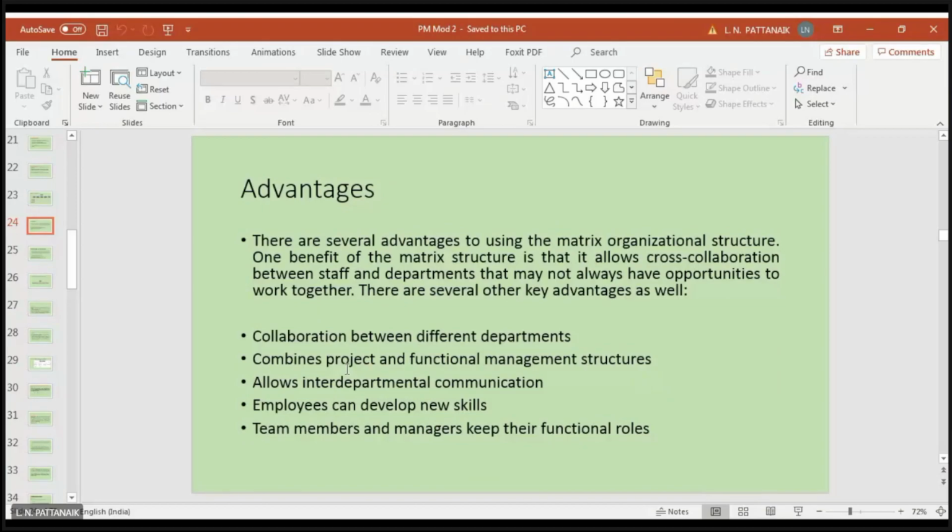They are almost synonyms here, because you can divide your workforce based on product or project also. Employees can develop new skills. Team members and managers keep their functional roles. So these are some of the advantages.